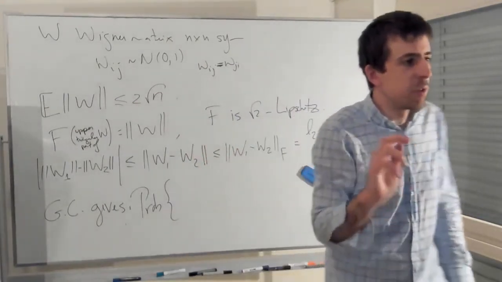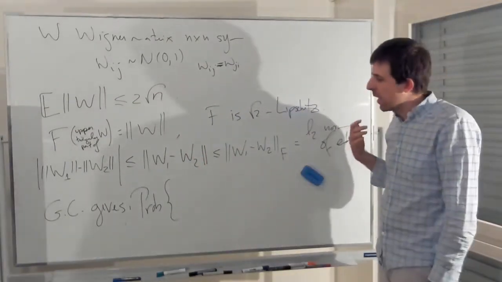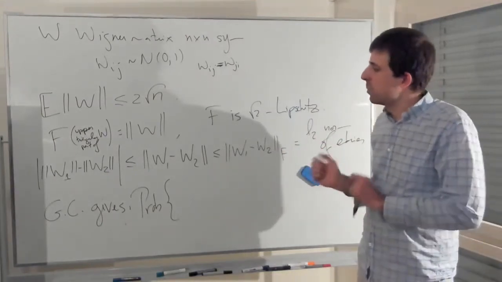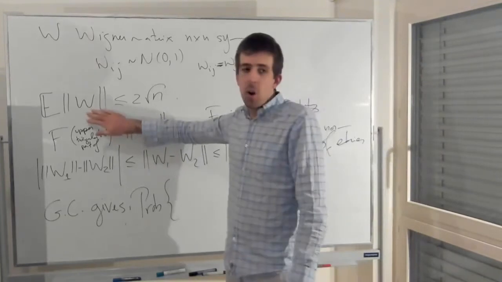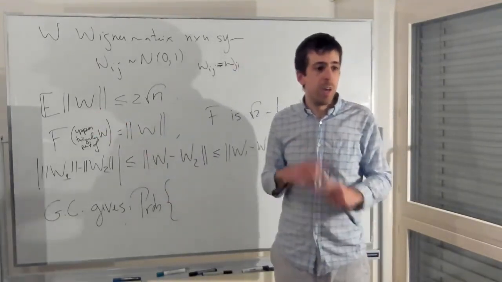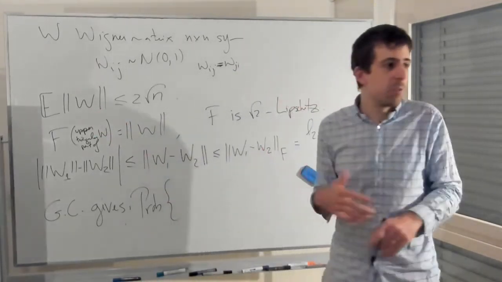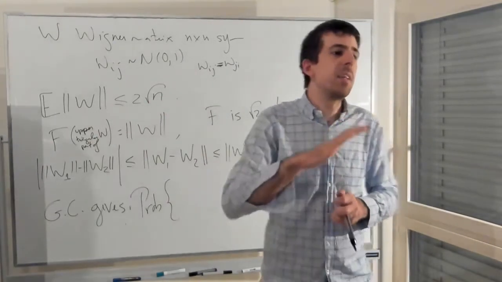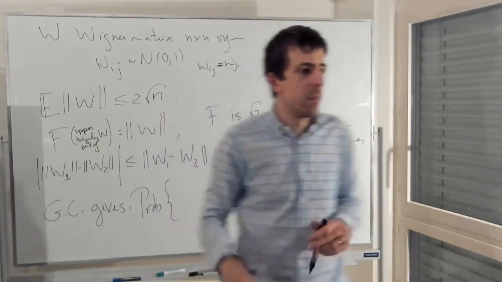Let's say that we're only interested in understanding the upper side of the inequality. The inequality says that typically the spectral norm of W is very close to its expectation, but because we only have an upper bound here, we're just interested in understanding the tail of it being potentially too big.